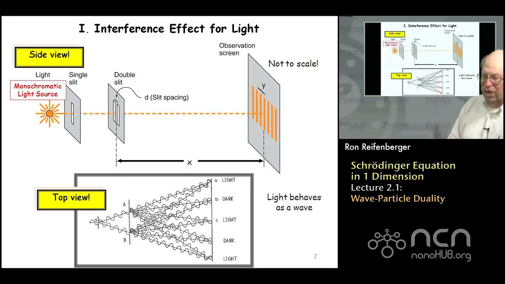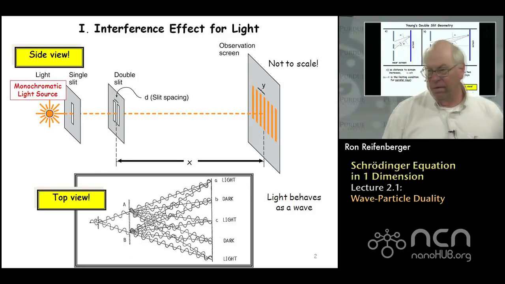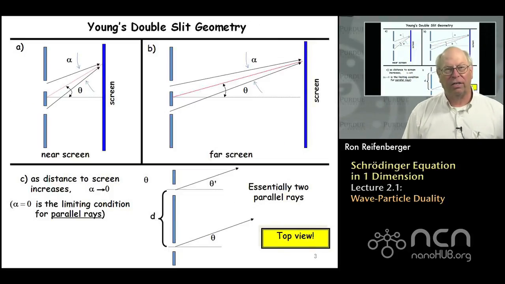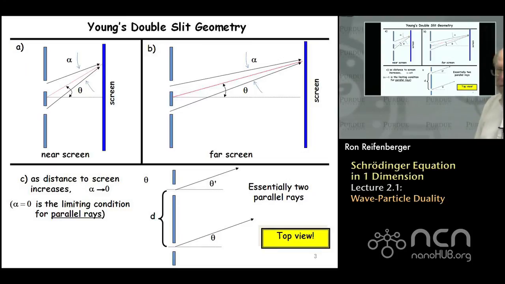And the geometry for the equation that Young derived is sketched in this slide. It tries to make the case that if the screen is near to the slits, the geometry is very complicated. Young's derivation of the two-slit experiment relies on the fact that the screen is a far distance away from the slits, and when the screen is far distant away from the slits, then you've got two angles, theta and theta prime, that are essentially equal to one another.